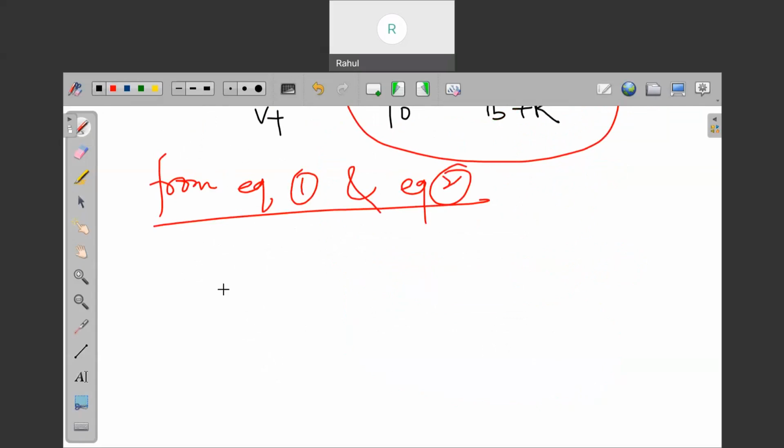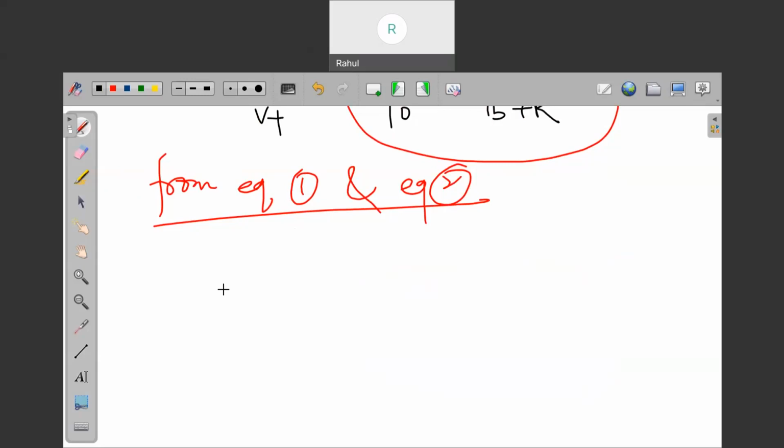You can equate this amplification factor and you will get the answer R.